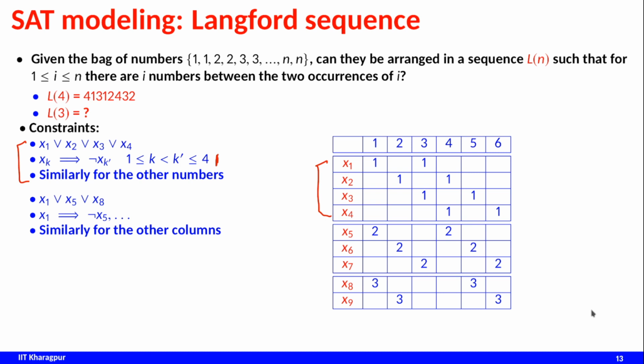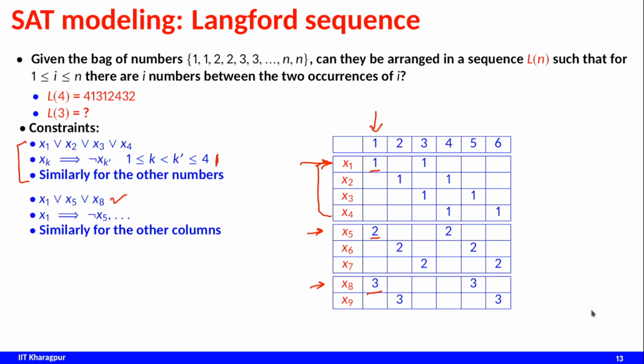The other thing is, if we look into position 1, then either 1 can appear or 2 can appear or 3 can appear. One of them must appear. We have to ensure that, and that can be ensured by saying that either x1 is true or x5 is true or x8 is true. So this is the constraint.